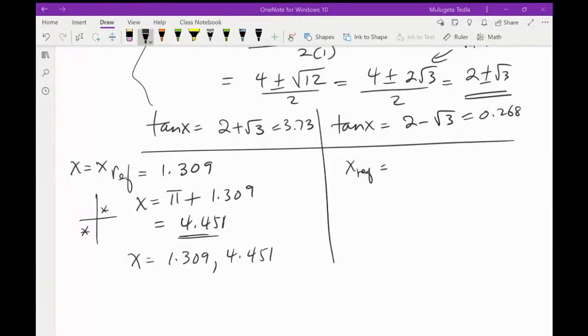Yeah, 57.1 degrees is 1 radian. So 1.309 multiplied by 57 will give us the degrees. Yes, I got 5/12 pi for the reference angle for 1.309.